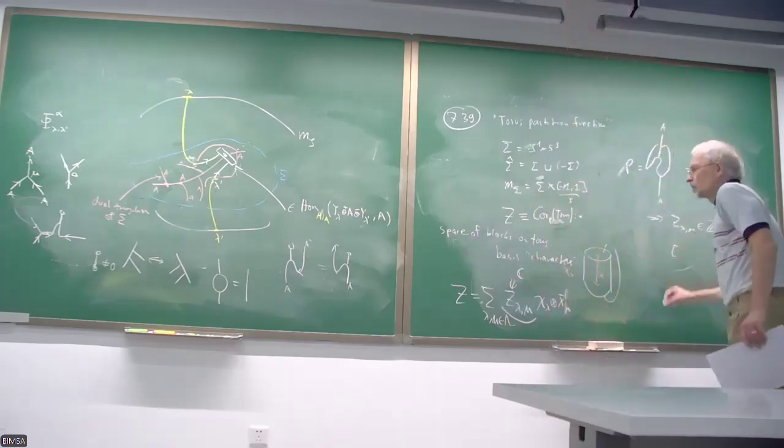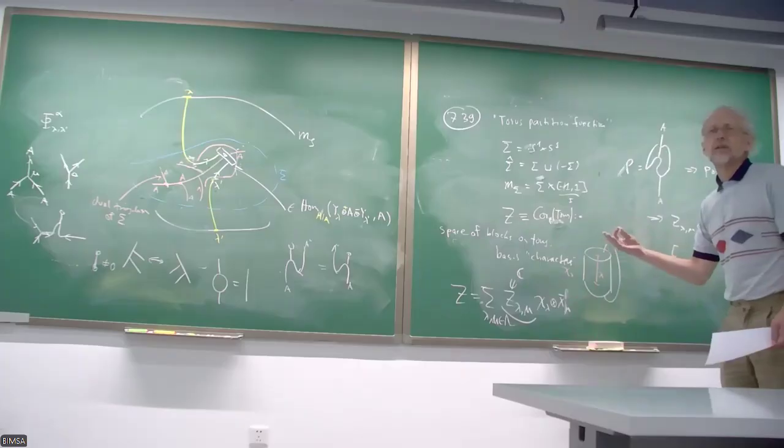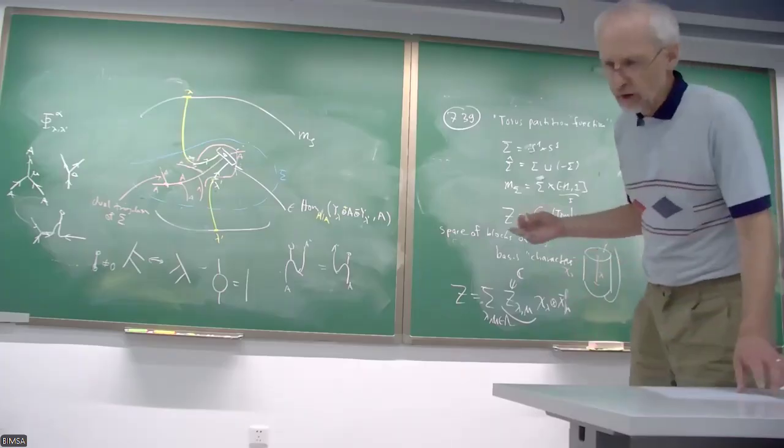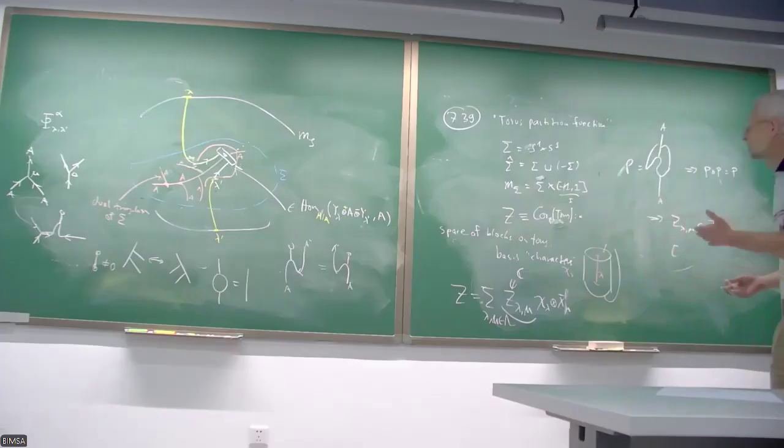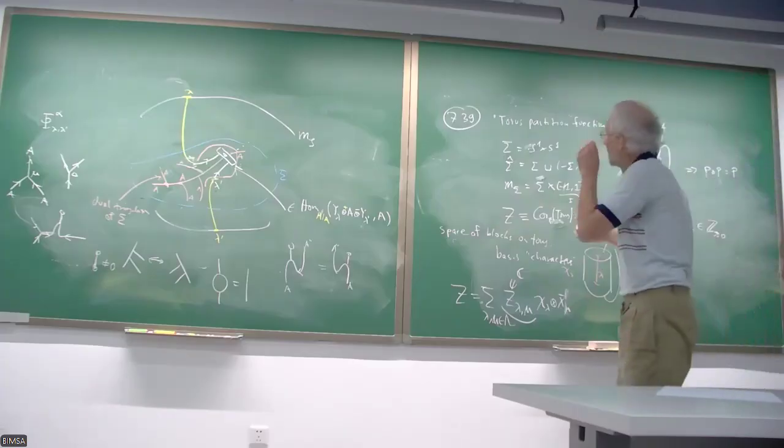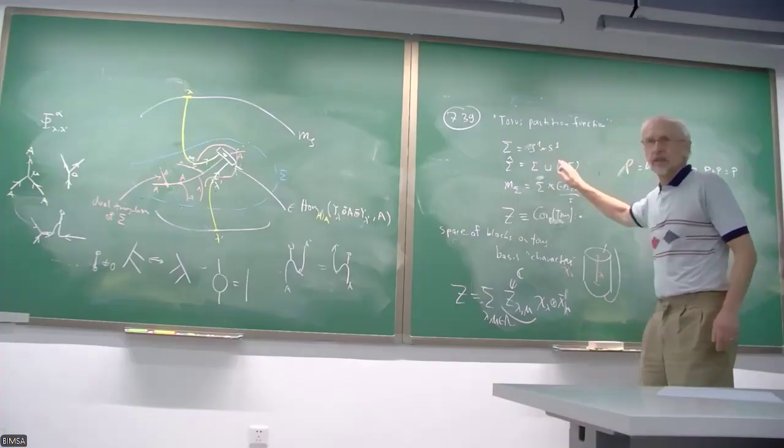Also, you want to have it mapping class group invariant. The relevant mapping class group here is the one of the torus.